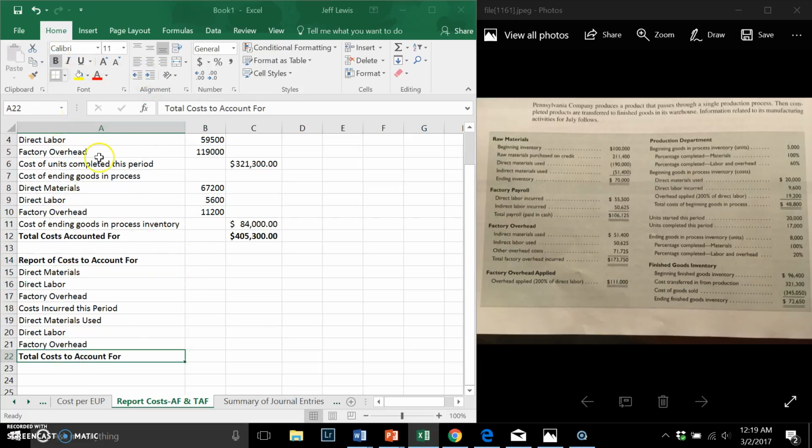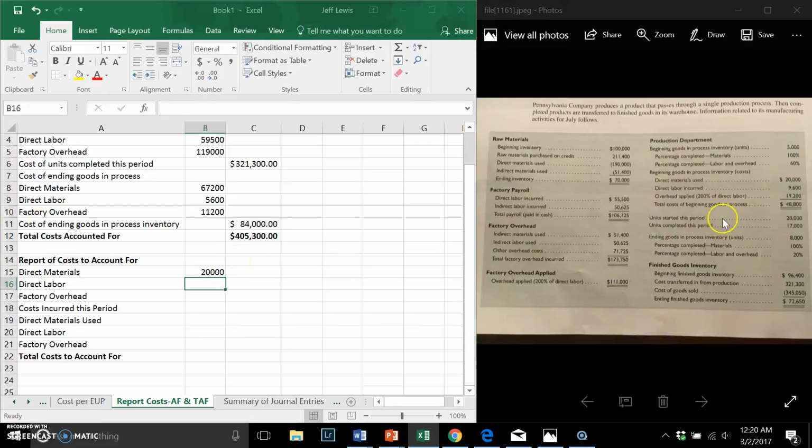The report of costs to account for is information that we can find within the information they give us at the beginning. There's no need to complete EUP and that kind of thing. We're literally just taking numbers and plugging them in. So we're going to find the direct materials used, 20,000, and write that here.